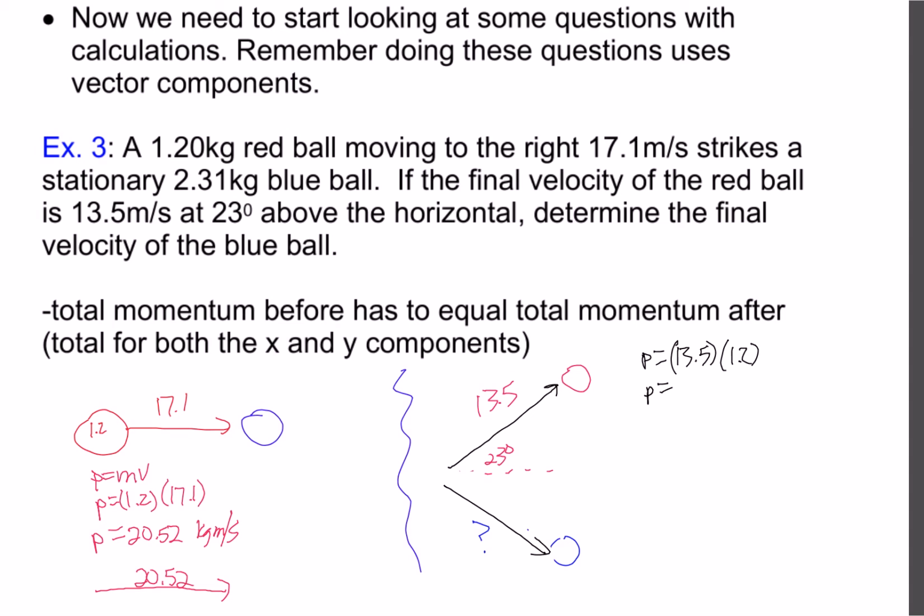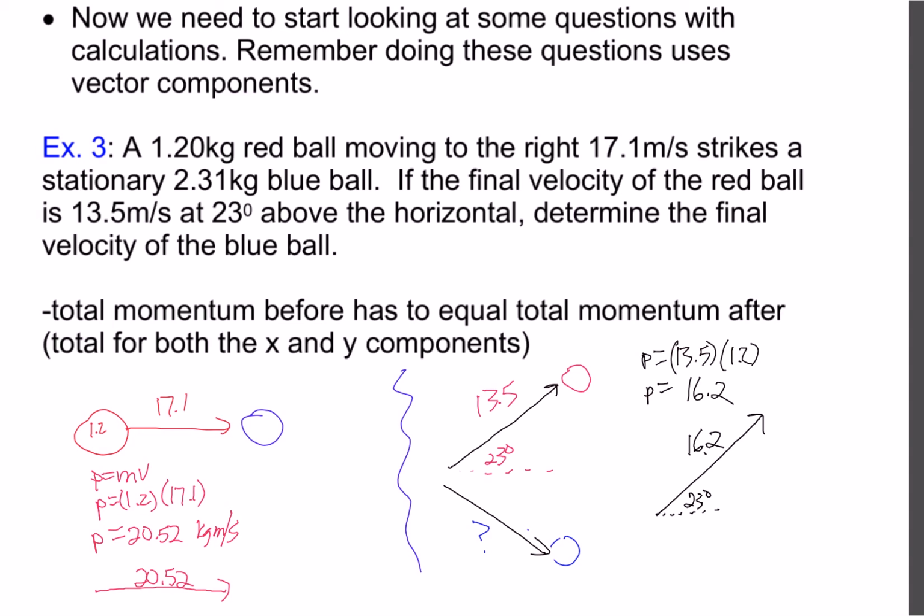Let me erase our speed. Actually, I'll redraw it. So that red ball that was shooting up at an angle, I'll draw that one. It has a momentum of 16.2, and we know the angle is 23 degrees. Now our next step is to figure out its components.